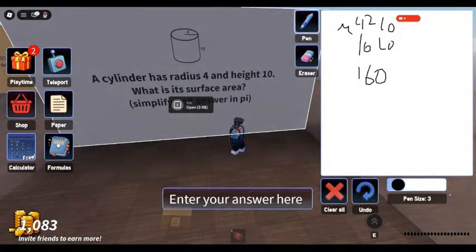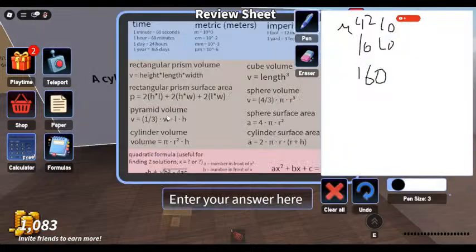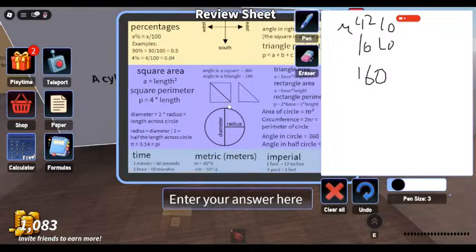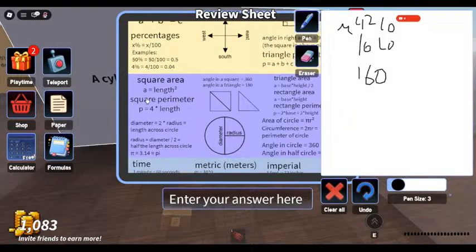So, if we need the surface area, we need the perimeter of the circle. Then how do we get the perimeter of a circle? Circumference. Yeah. 2 pi r.